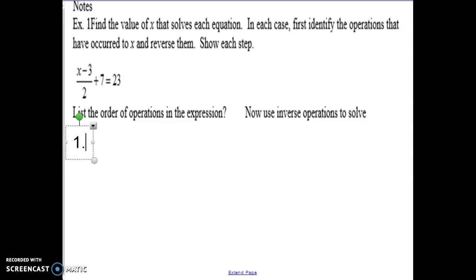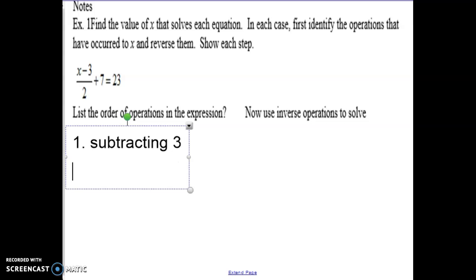So let's make a list and start with the fact that we have (x minus 3) over 2, plus 7, equals 23. So the first thing being done to x is that we are subtracting 3, okay? And the next thing that's being done is division, or dividing by 2.